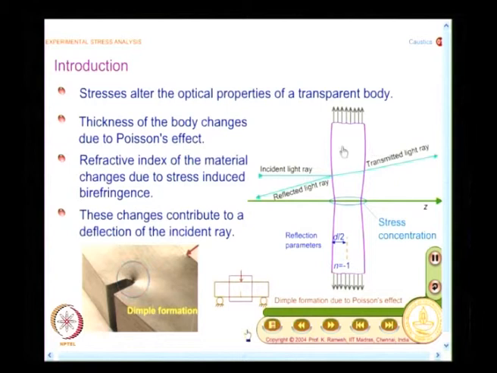So, you have to take those parameters appropriately, and here again you have shown for a transmission arrangement, this is very clear. For the reflection arrangement, you have this dimple very prominently seen. So, when I send the ray, it will get reflected like this, and because of this you will have a family of rays emerging, and that forms a shadow.